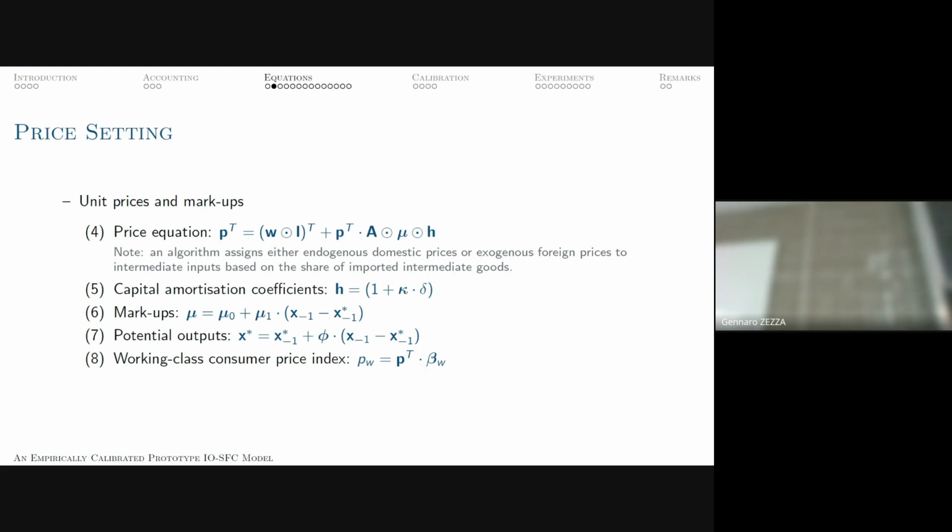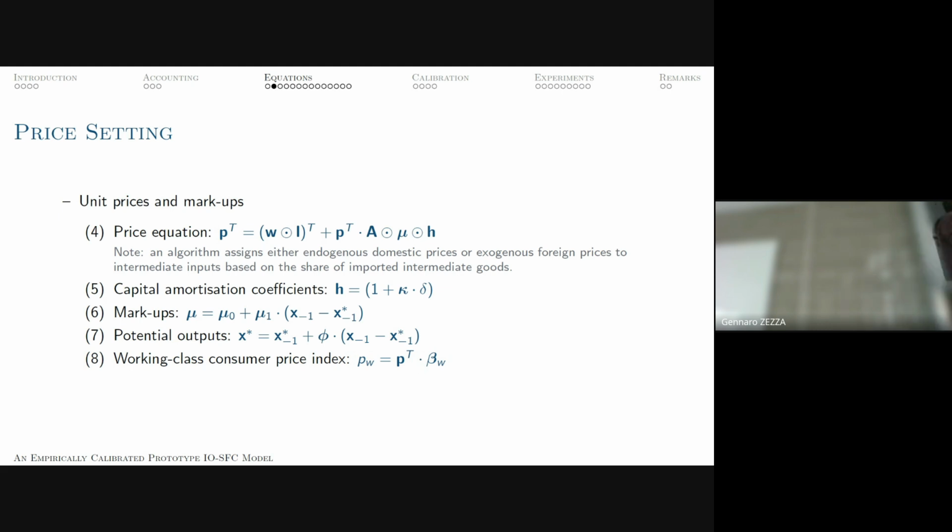How are prices calculated? For instance, the consumer price index for the working class is just calculated by taking the bundle of consumer goods, basically the share of consumption of households, which is a vector, and multiplying it by the vector of prices. And this is done for every group or any other sector in the economy.